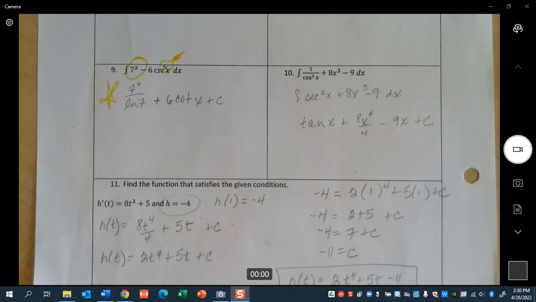But without it, we don't have a rule for cosecant, so that wasn't one you would have been able to do. We could have put cosecant as 1 over sine, but we don't know how to do sine in the denominator. So that would have left you stuck.